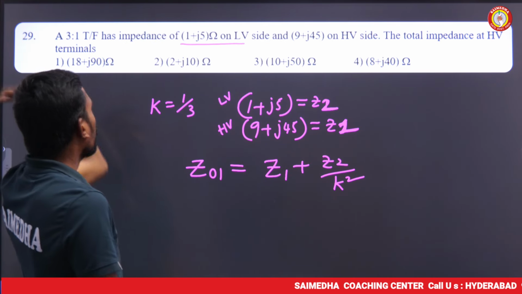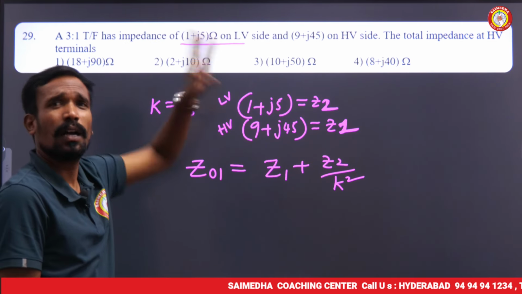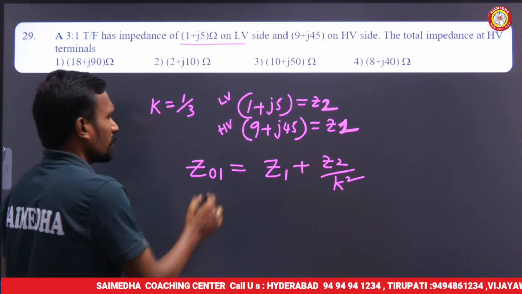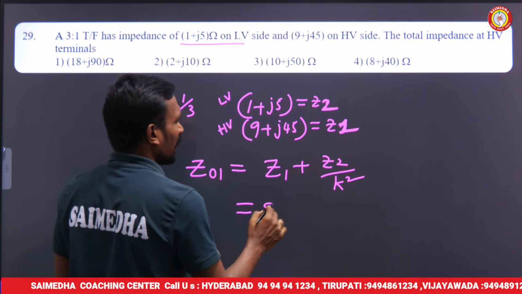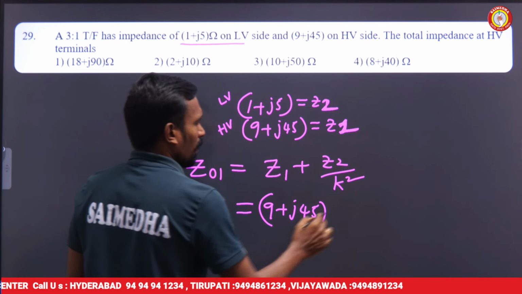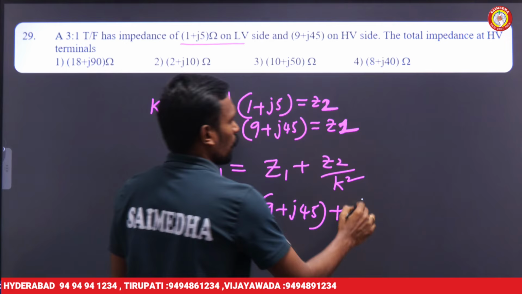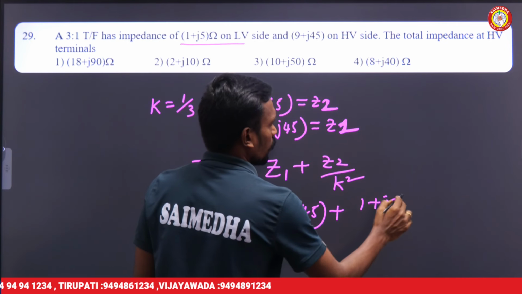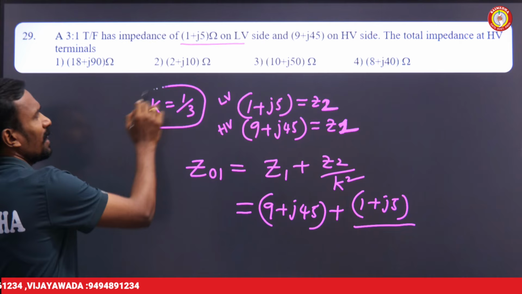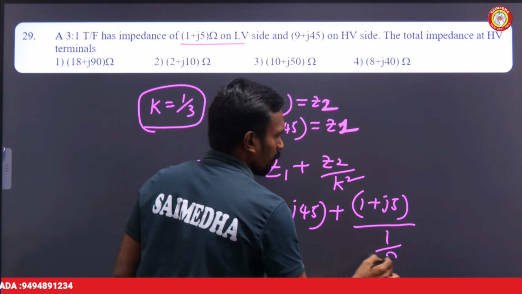Now we want the primary side total impedance. How much? Z01 is equal to Z1, 9 plus j45, plus Z2, 1 plus j5, divided by K square. What is K? K is 1 by 3, so K square is 1 by 9.